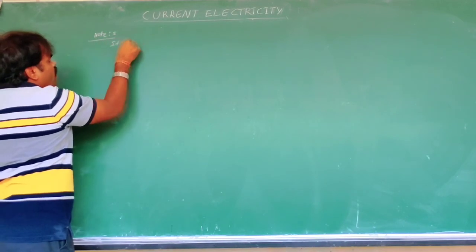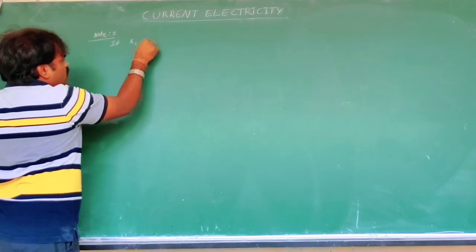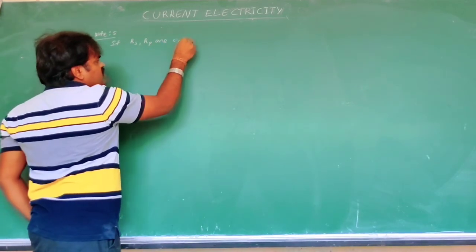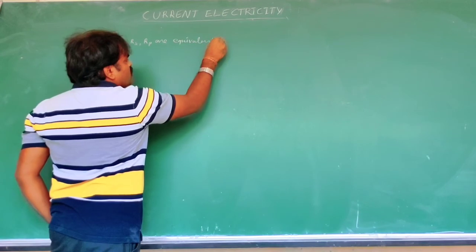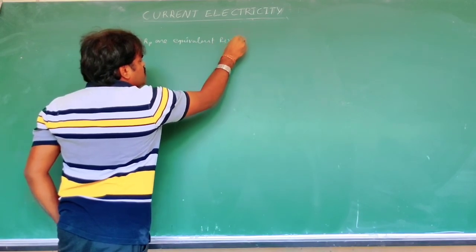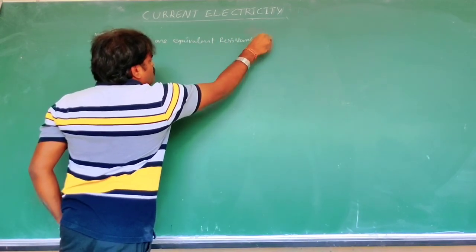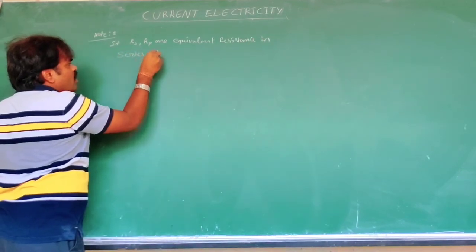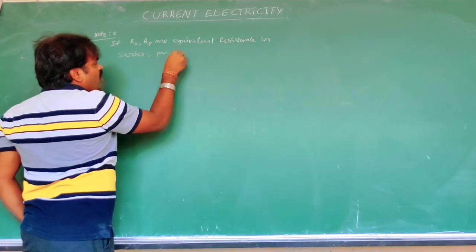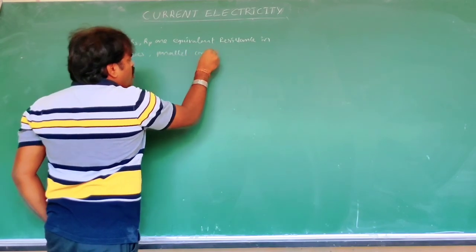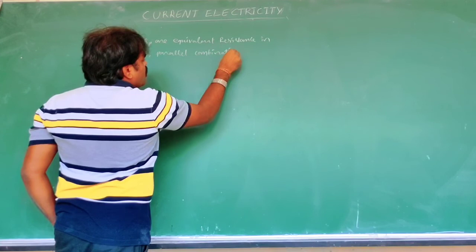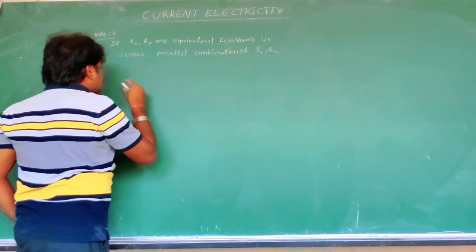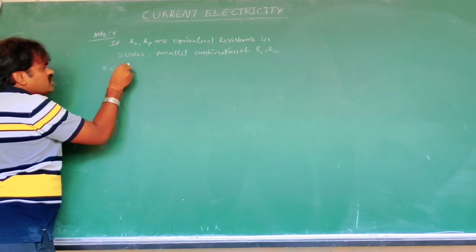If RS, RP are the equivalent resistances in series and parallel combination of R1, R2 resistors.